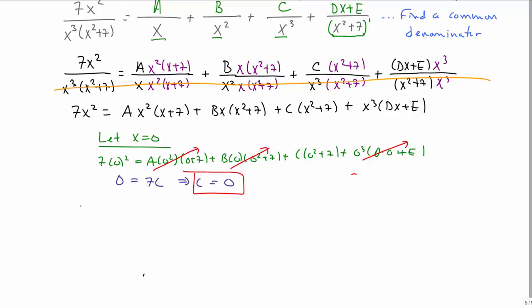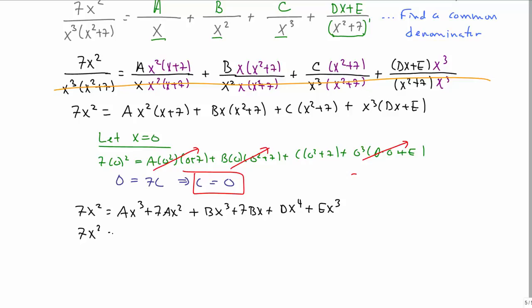So when I rewrite, I get 7x squared, and I'm going to expand this now. I get ax cubed plus 7ax squared plus bx cubed plus 7bx. Now c was 0, so this whole term will go away. And then I have dx to the fourth plus ex cubed.